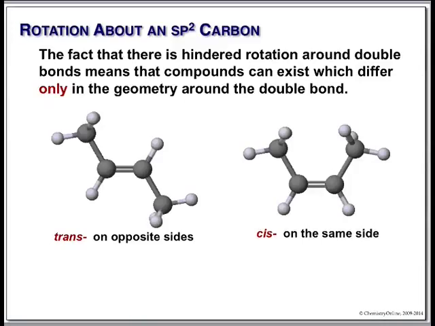And when they were attached on the same side of our double bond, we call that cis. Now in those days, that was fine. We'll see that this doesn't quite work for more complex compounds, but we have a solution.